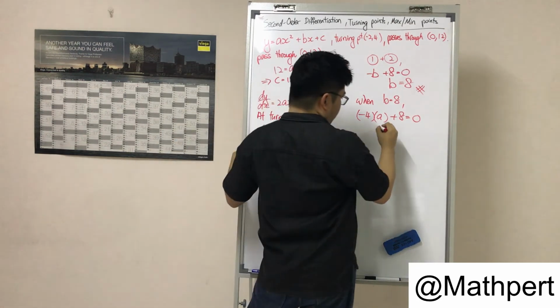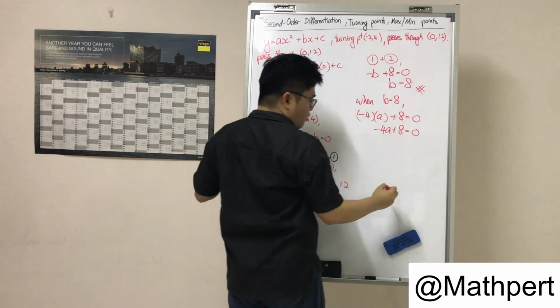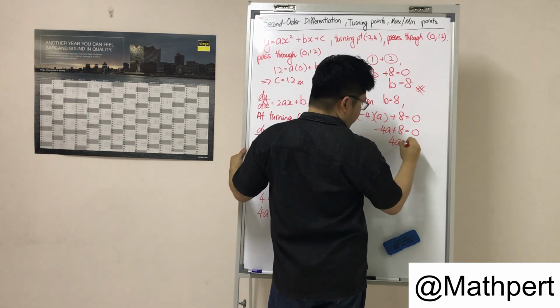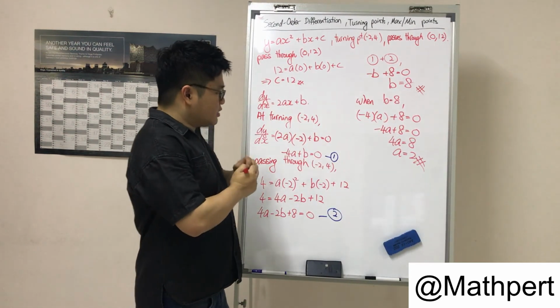So it will be minus 4a plus 8 equals 0. 4a equals 8. a equals 2. So the value of a is 2.